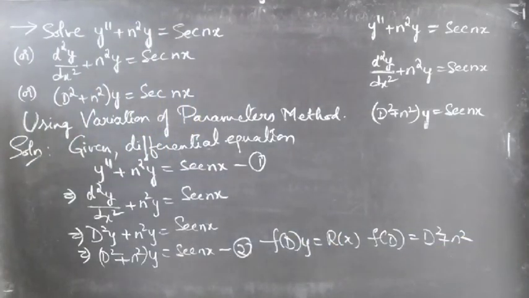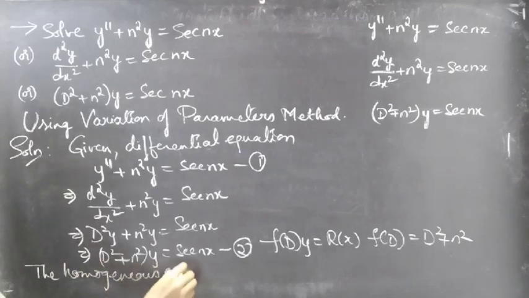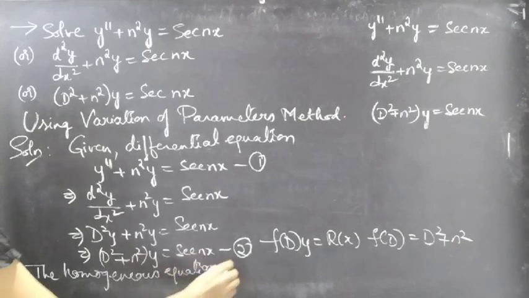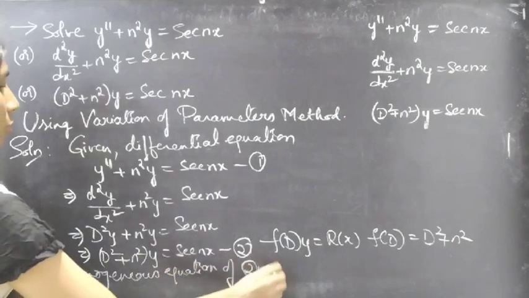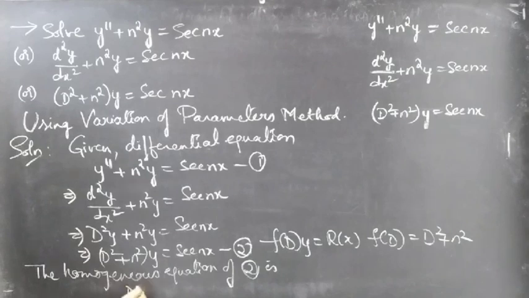Let's now write the homogeneous equation of equation 2. The homogeneous equation of equation 2 is d square plus n square into y equal to 0. Consider it as equation number 3.